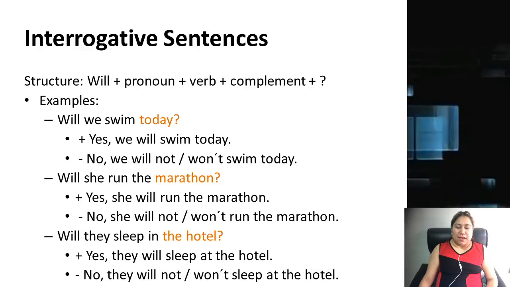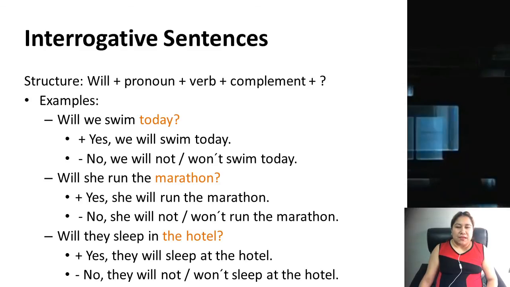Also, in a negative way, you can use the following structure: pronoun, the word won't, verb, and complement. Finally, for the interrogative way, remember you have to use the auxiliary, for example, will, plus pronoun, plus verb, and complement. Also, don't forget the question mark.